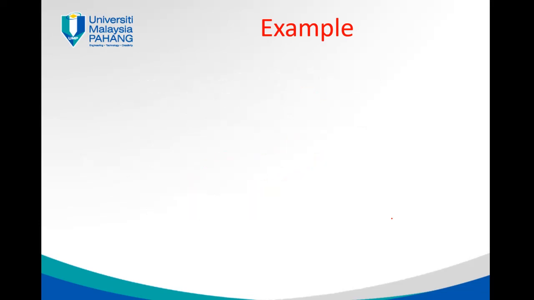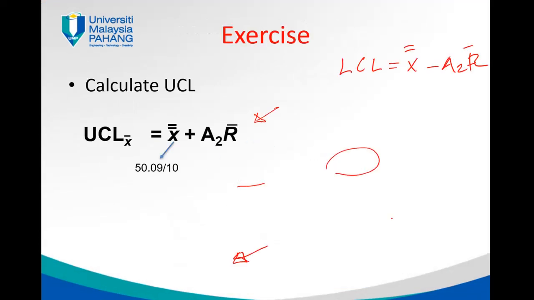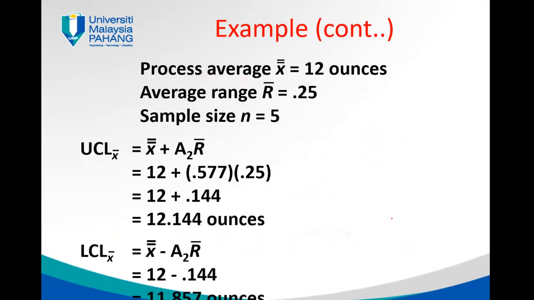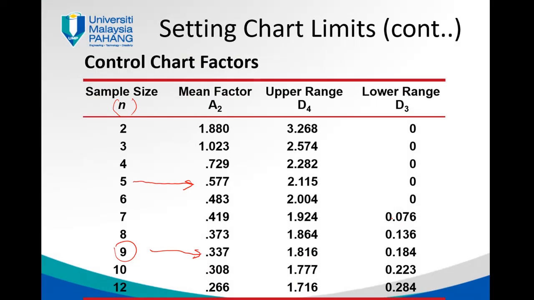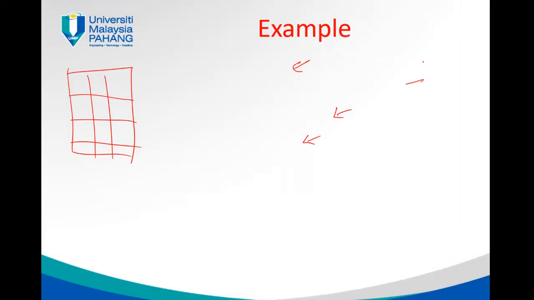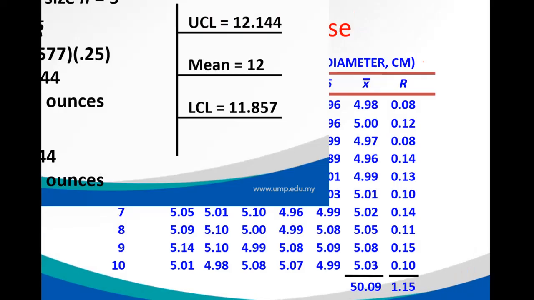If we look back at this table, for the sample n equal to 5, D4 is 2.115 and D3 is 0. Basically this table will be attached together with your question, so you can refer to it.